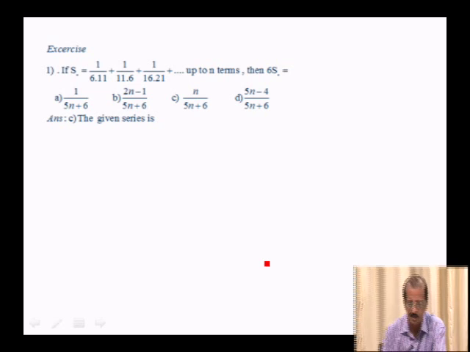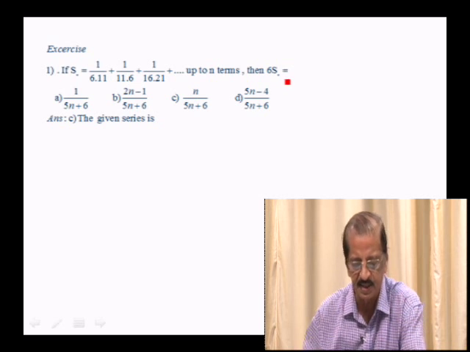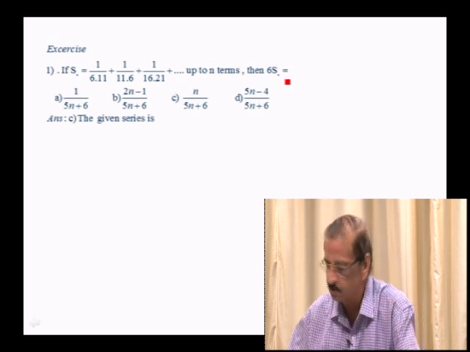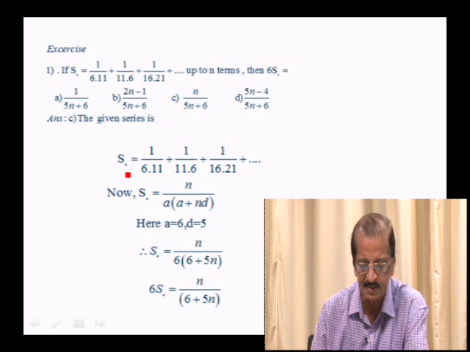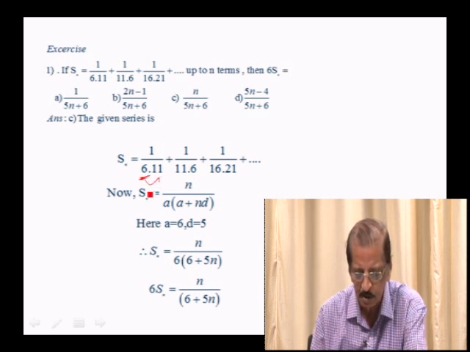Look at the problem given here: 1 over 6 into 11, 11 to 6 etc. It asks what is 6Sn. So the given series Sn is equal to this one. I apply the formula Sn is n over a into a plus nd. As I said in the synopsis earlier, when you put this formula, n over a: look at these terms 6 and 11, their difference is 5. So the common difference of 6 and 11 is 5.